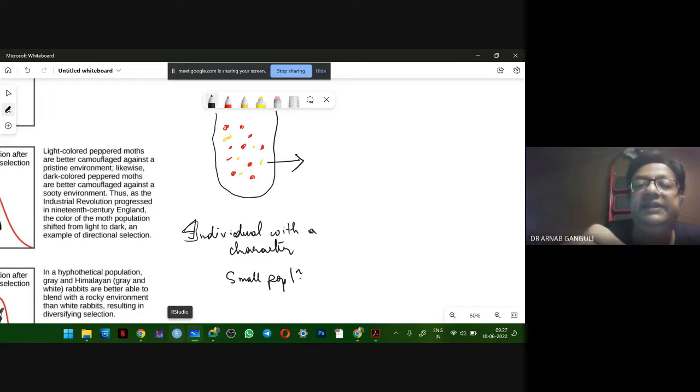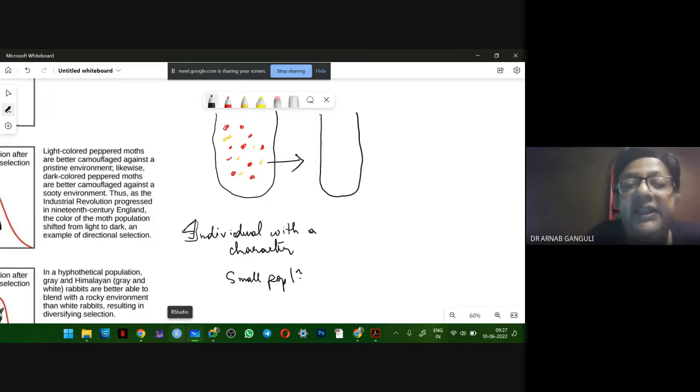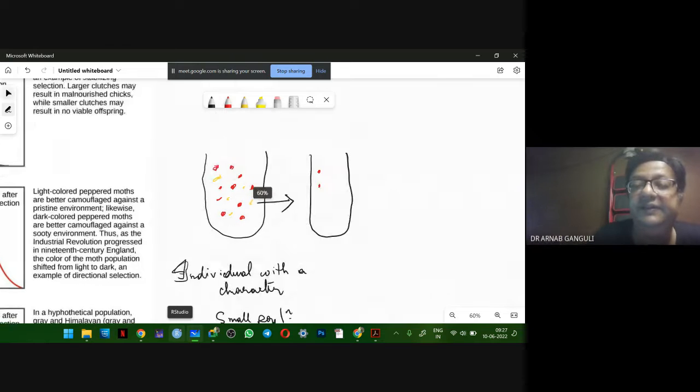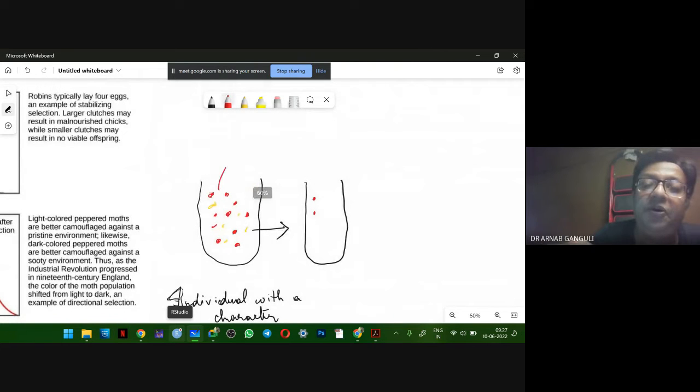It happens gradually in the next generation. The yellow and the red randomly mate with each other. It could very well be that in the next generation you pick some balls and put them in this one.